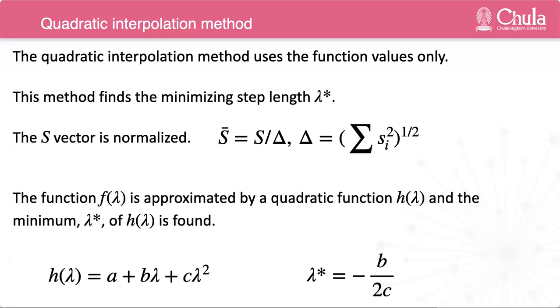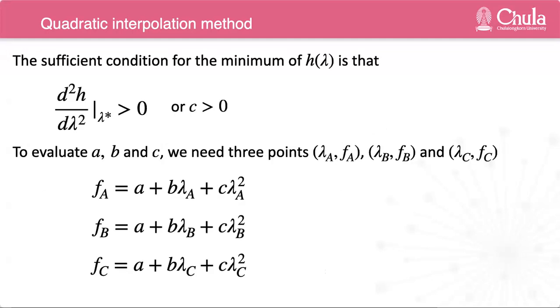Of course, in the next iteration, we move to the new point, closer to the minimum point, and we approximate again as a quadratic function, and then you obtain the new point. You repeat the process again and again until you cannot improve the objective function, and then the algorithm stops.